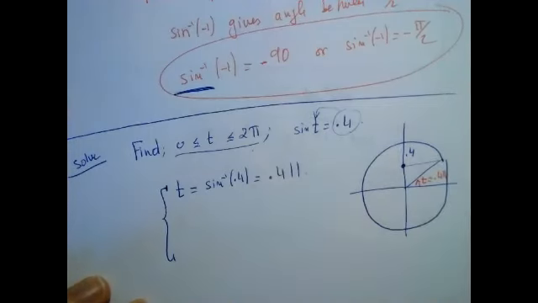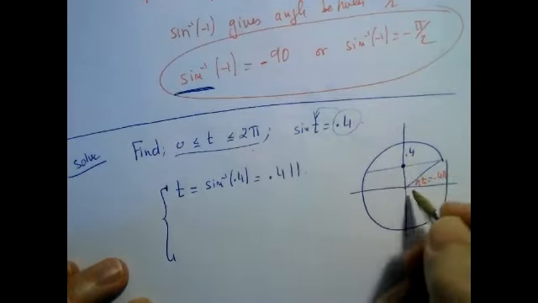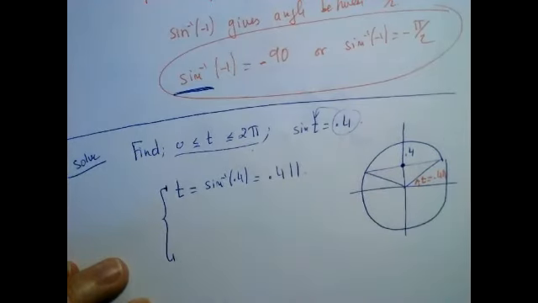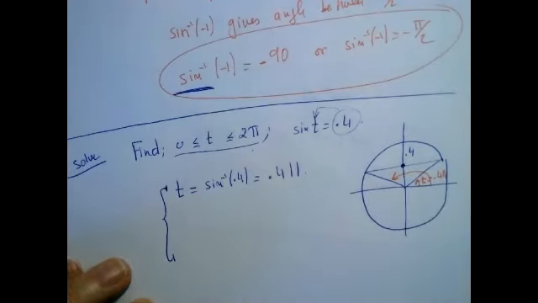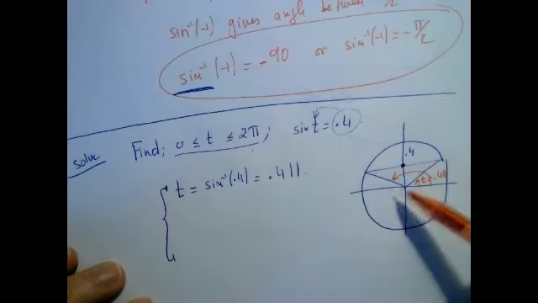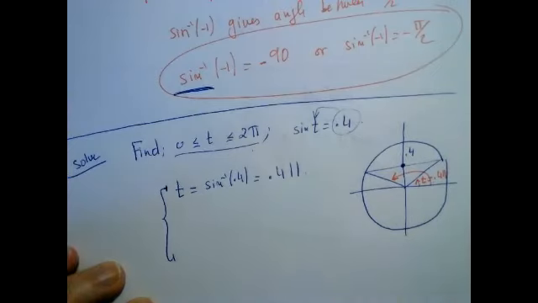Do we know how to find the other one? We've done this at the beginning of the semester, and you guys did it well on your exam. The other one is going to be this one. That's the other angle. How can I compute this other angle? Look at the picture. If this is 0.411, you can think of it as the reference angle.